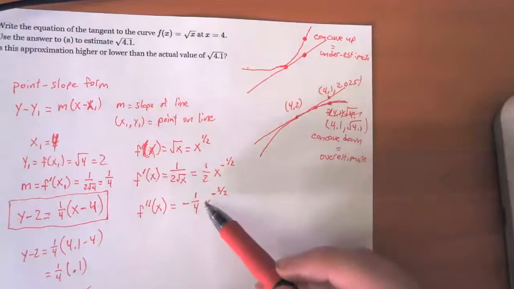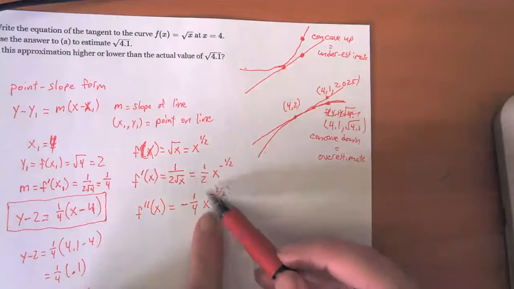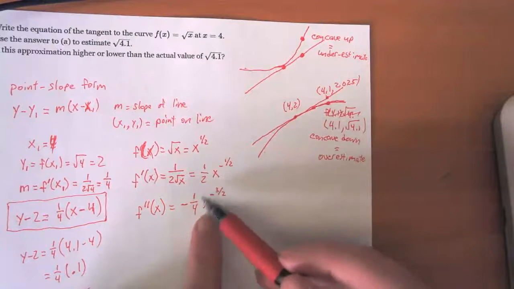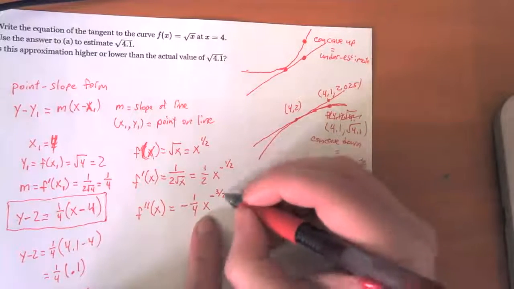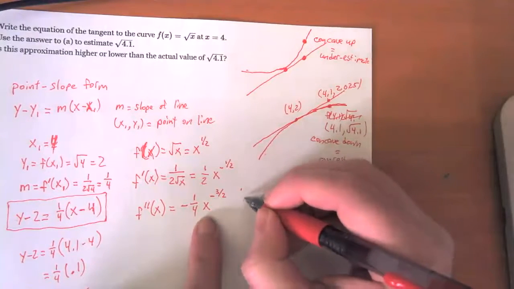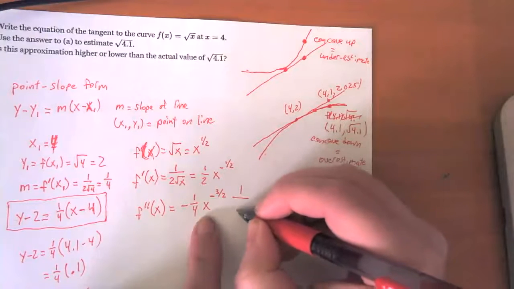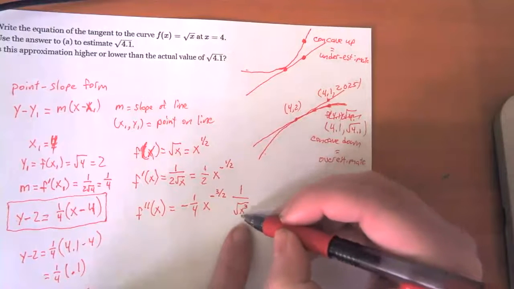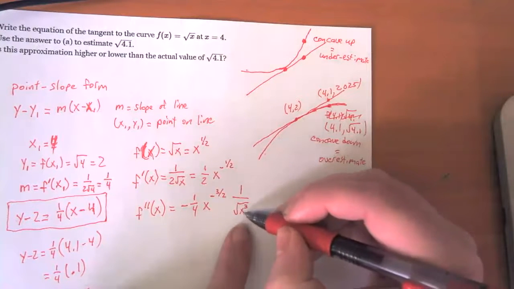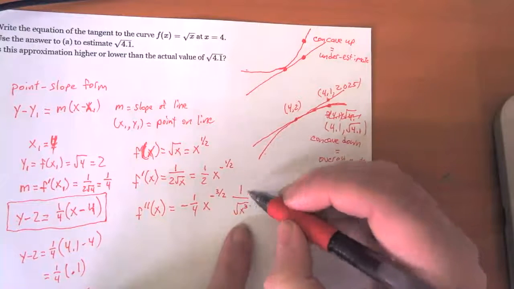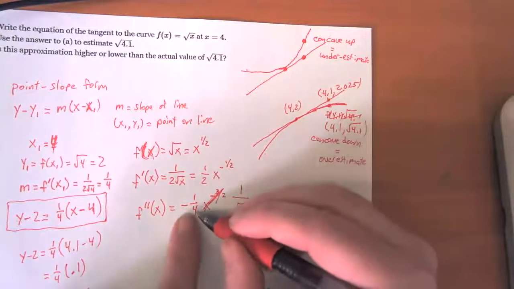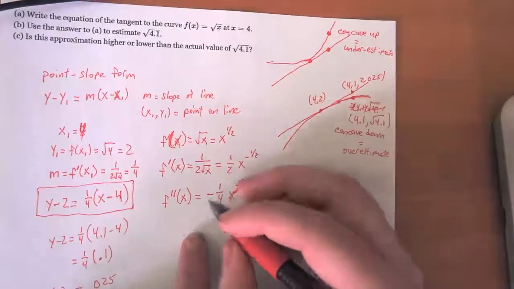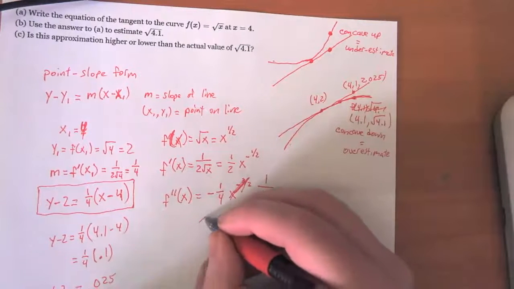So what we can see here is that x to the negative 3/2 power is going to be a positive number for any positive value of x. It's just 1 over the square root of x cubed. So if x is positive, x cubed is going to be positive, the square root of x cubed is going to be positive, and 1 over the square root of x cubed is going to be positive. And so multiplying that times negative 1/4, the second derivative is always going to be negative.